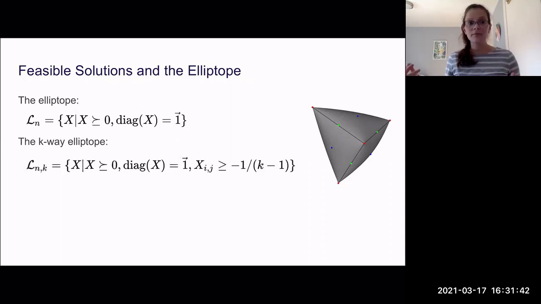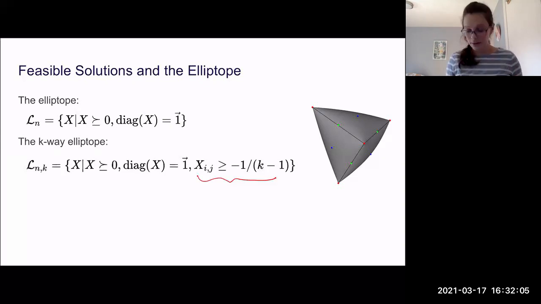So the elliptope is defined as the set of semi-definite matrices where the diagonal is all ones. The elliptope has been studied quite a bit to understand its structure. Then the K-way elliptope is the elliptope, but now we're putting that constraint on the off diagonal.